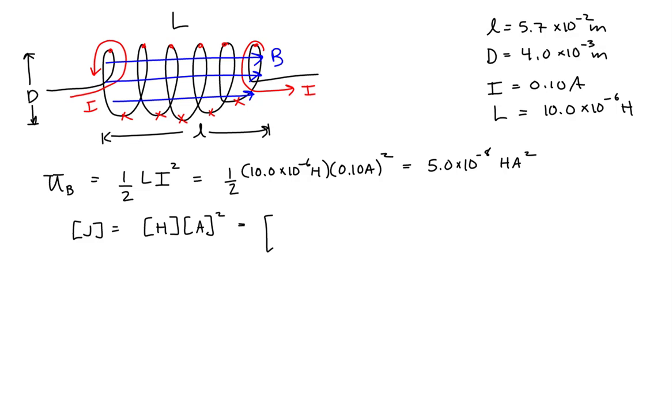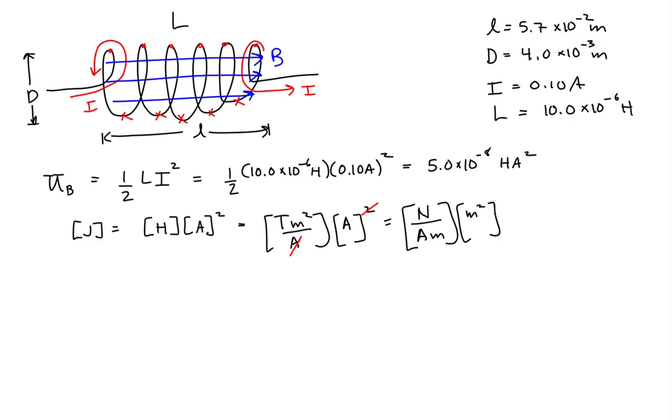Well, we know that 1 Henry is equal to 1 Tesla meter squared per amp. And then we have the amp squared, but an amp in the denominator cancels an amp in the numerator. We know that a Tesla is equal to a Newton per amp meter, and we have a meter squared and an amp.